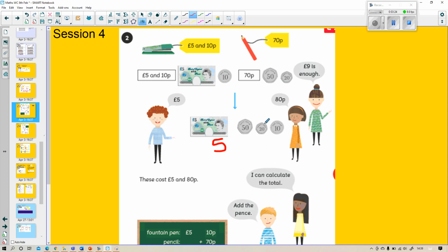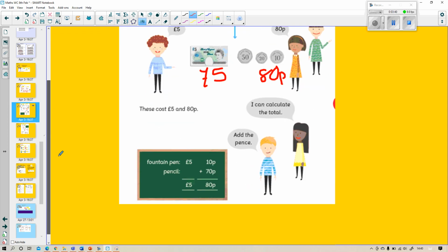So we've got our 50 and our 20 of our 70, plus 10 more would be 80. So we've got £5 and 80 pence. Would she have enough with her £9? Yes, she would.